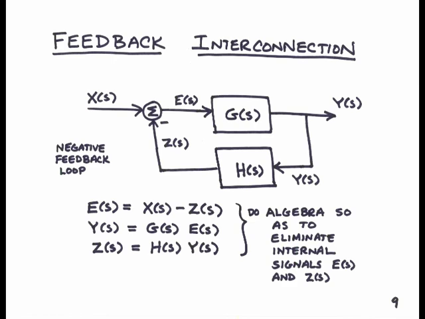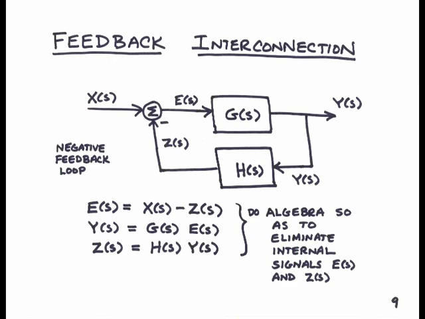A signal E(s) is formed by subtracting Z(s) from X(s) at the summation junction. E(s) is the input to system G(s). The output of G(s) is Y(s). Y(s) is also fed as an input to system H(s), which produces its output Z(s).